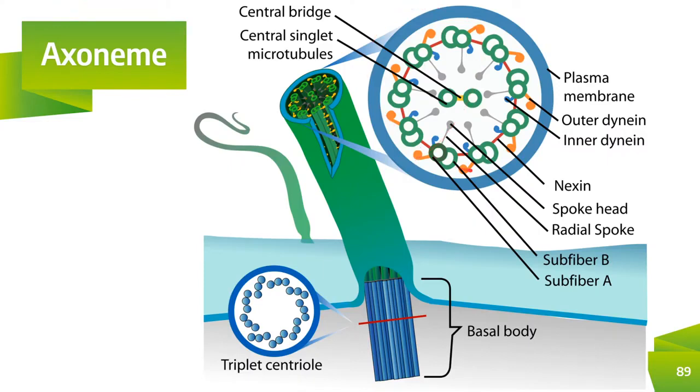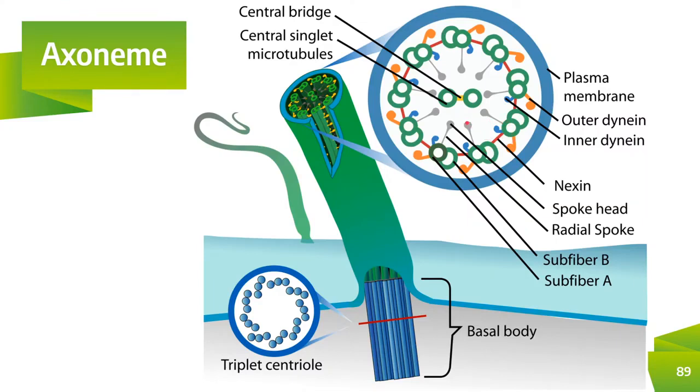And in a cut through it, we already talked about the ODA, the outer dynein, and the IDA, the inner dynein, which we saw in the picture before. Basically the green parts are microtubules. These are not like the microtubules inside the cell. Those are actually linked together by other proteins called nexin.